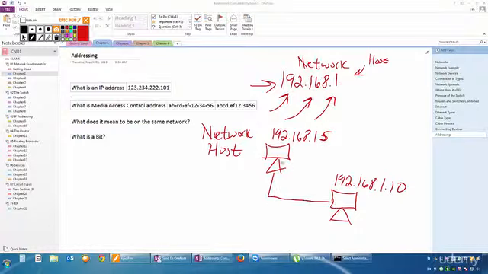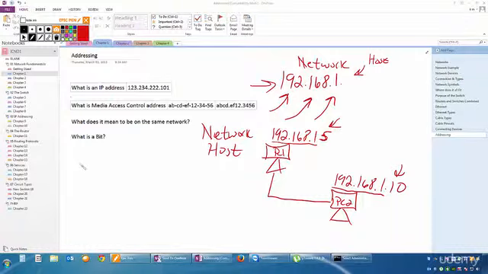Well, the question is, with PC1 and PC2, are their network numbers the same? 192.168.1, 192.168.1, they are the same, so they're on the same network. This is the 5th host, this is the 10th host. And not because we put them in order, it's just the fact that that's just number 10. Does that make sense?